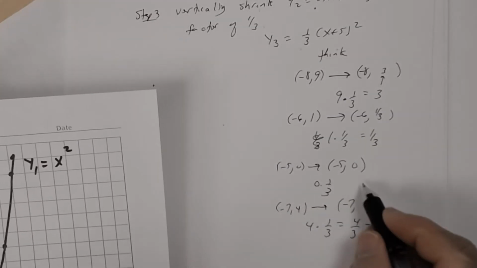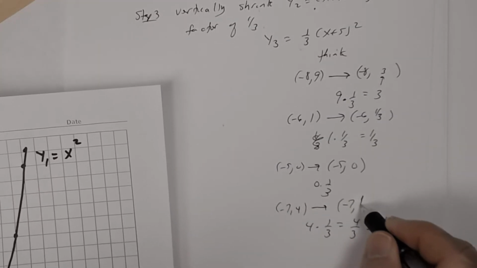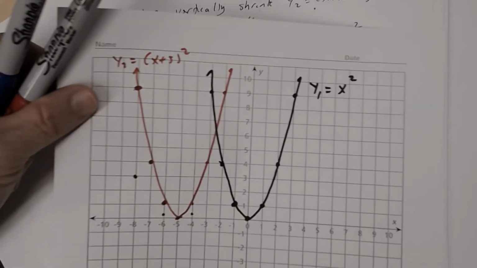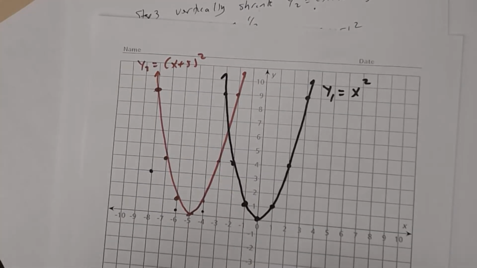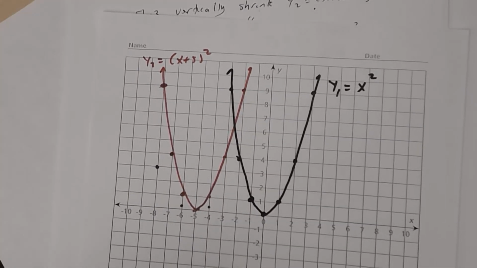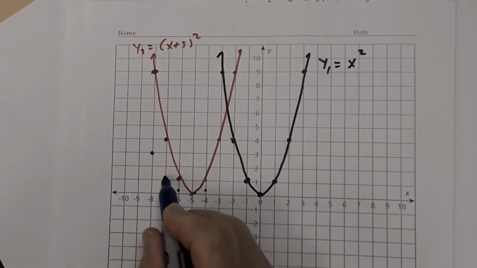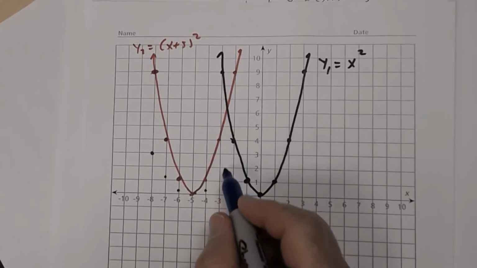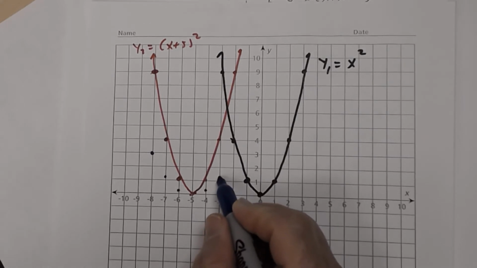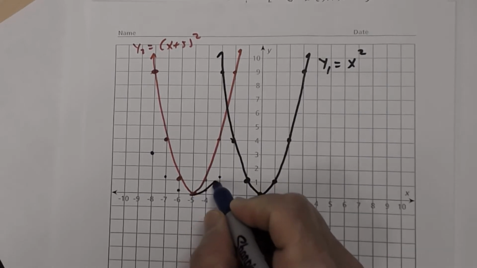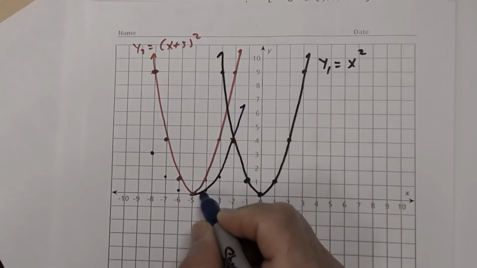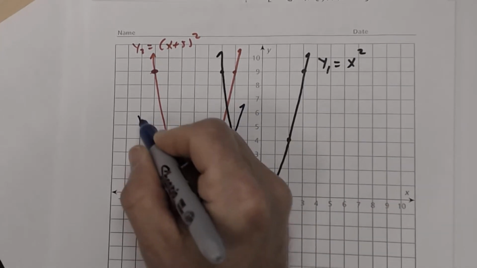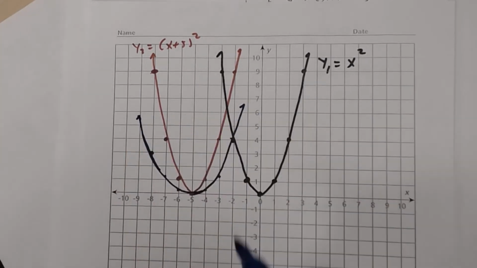So that's going to become the point (-7, 1 1/3), which is about here. Over here, (-3, 4) becomes (-3, 1 1/3). So then you just draw your graph, and it looks something like this. Okay, something like that, right?